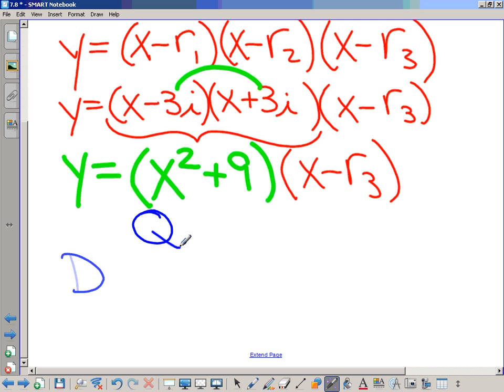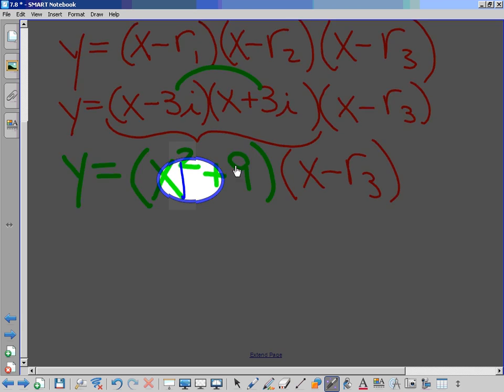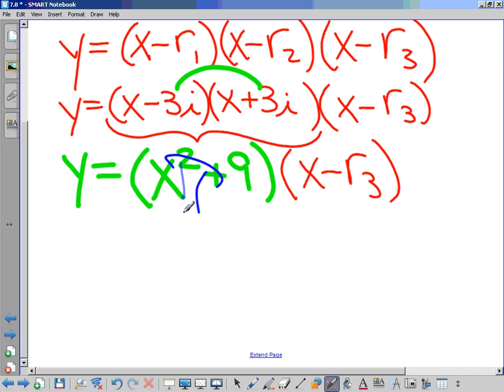So we now know that this is our divisor. That's our divisor that we're going to divide into this polynomial, but we're trying to find the missing quotient, x minus r3. So we're going to try to go ahead and factor this by doing long division.